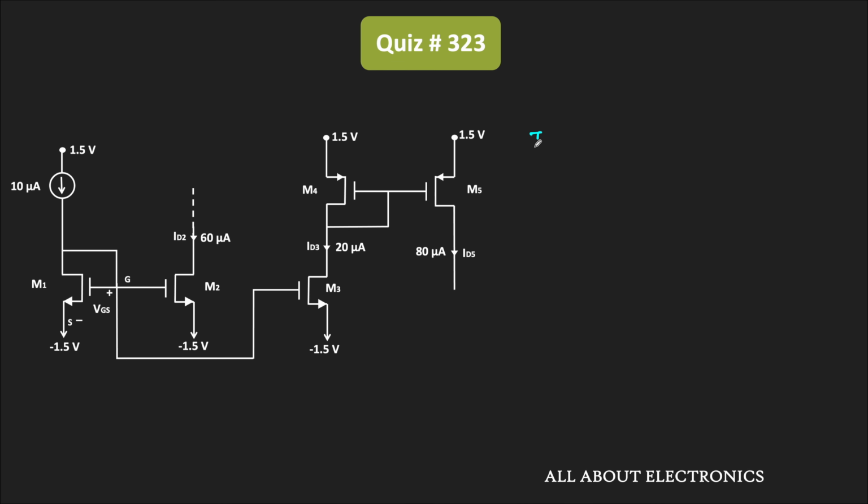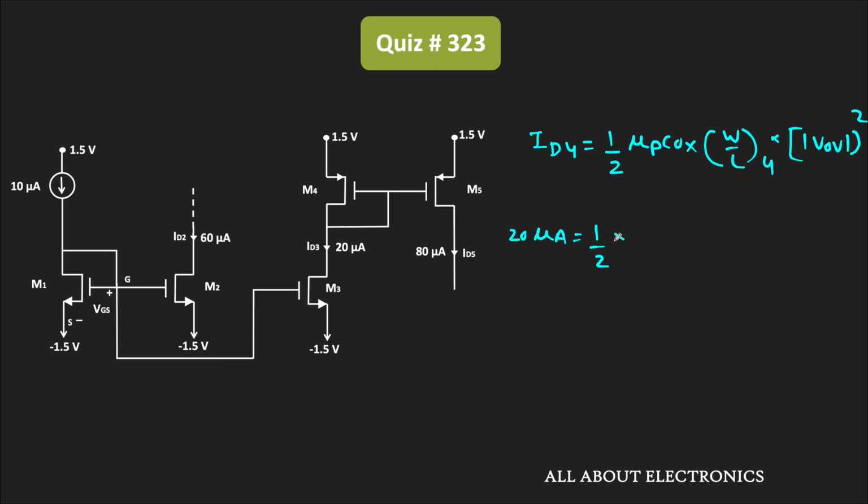So we can say that this ID4 is equal to half times mu p times COX times W by L ratio of this fourth transistor times V overdrive square. So here this drain current is equal to 20 microampere, while this mu p times COX is equal to 80 microampere per volt square. And here the length of each transistor is equal.